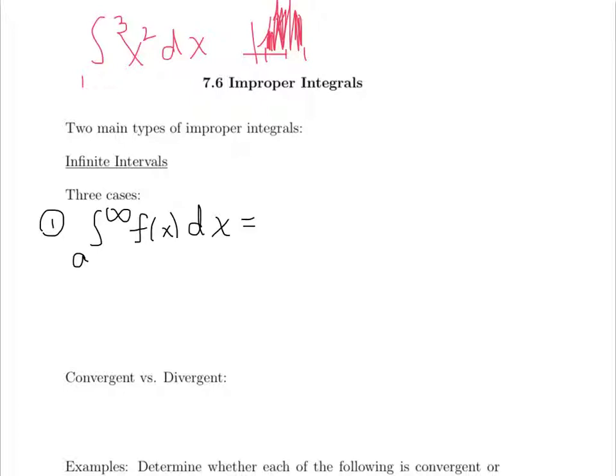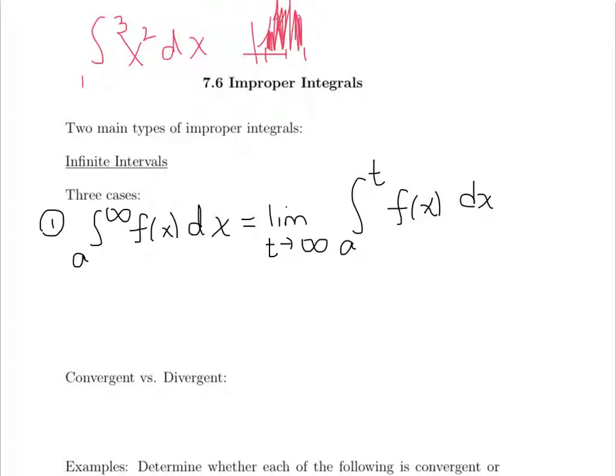So what we can do is take the limit as t goes to infinity of the integral from a to t. So it's a way to rewrite this integral as something that we can actually understand and actually read, as opposed to infinity, which isn't a number and doesn't mean anything in the context of this. So we rewrite it and talk about the limit as t goes to infinity, and that's something that we can understand.